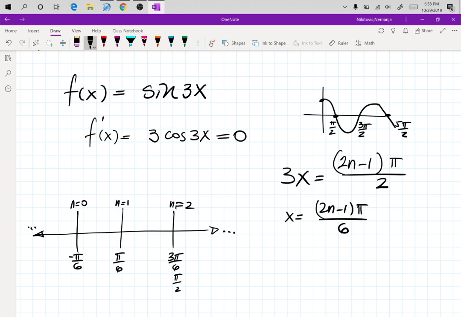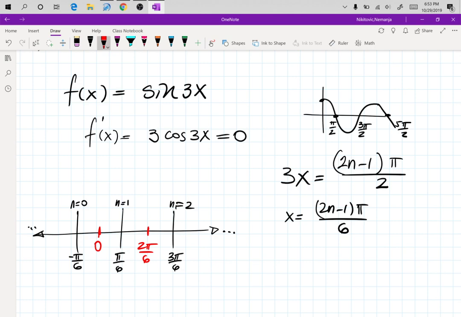And the reason why I like to keep the same denominator, I know that this is pi over 2, but I'm not going to use pi over 2. The reason is it's much easier to deal with the test points. You see, the test points here are always in the middle. So there is a 0 test point on the first. And then between pi over 6 and 3 pi over 6, there is a 2 pi over 6 in between, which is pi over 3.